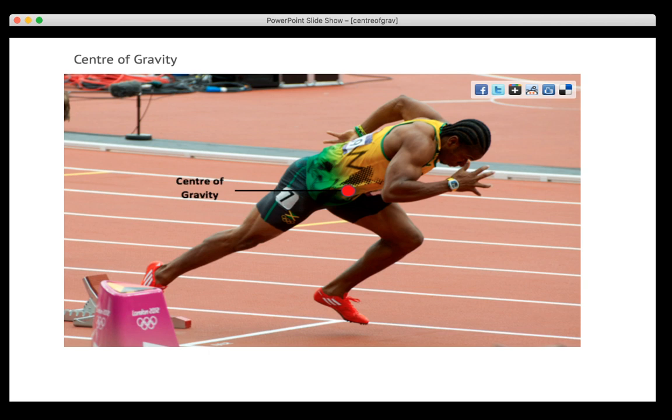Now here you can see that he is leaning forward, and the center of gravity is moving out of the body a little bit as compared to the normal anatomical position. Anatomical position means when you are standing straight. So the point of showing you this figure is to show that this center of gravity point moves according to your motion also. Okay, going to the next slide.